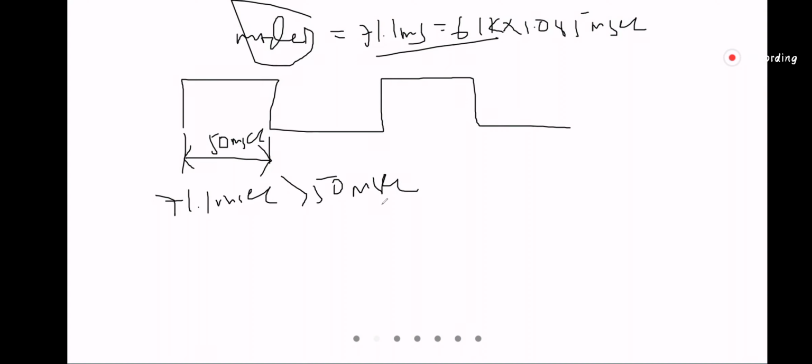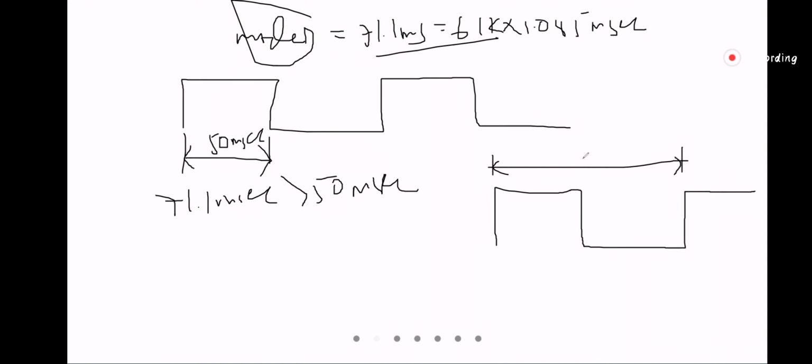But in the second question, what is happening? In the second question, it is 10 millisecond from here to here. So that means each half should be how much? 5 milliseconds, if it is 50% duty cycle, which I'm telling repeatedly.